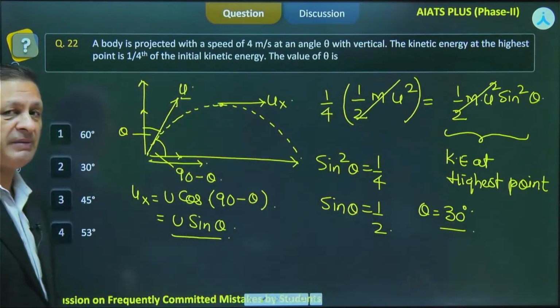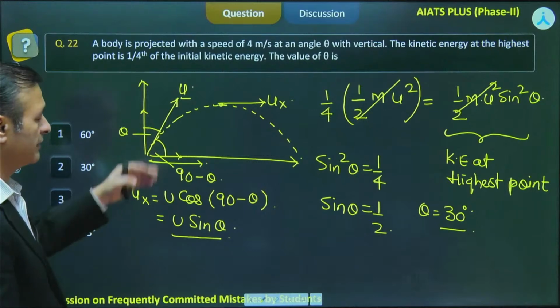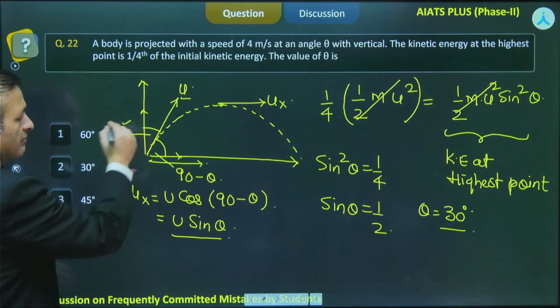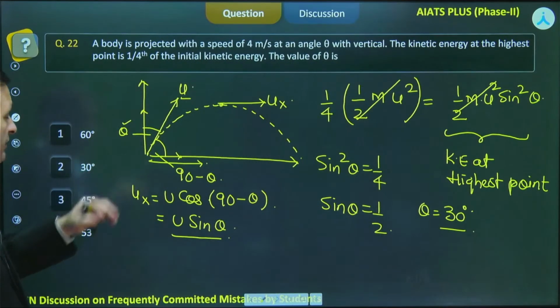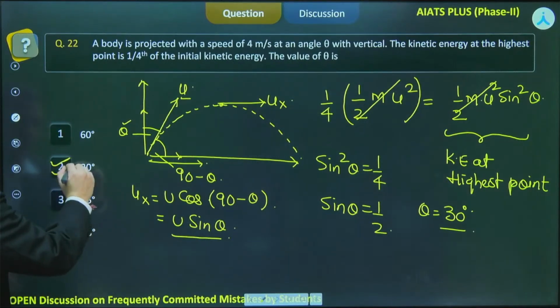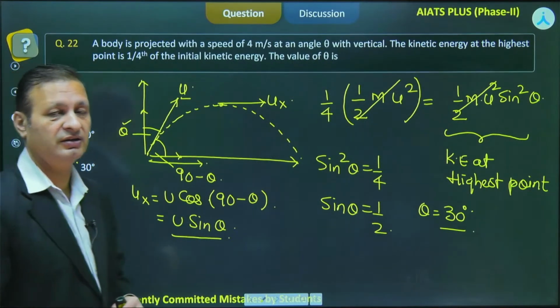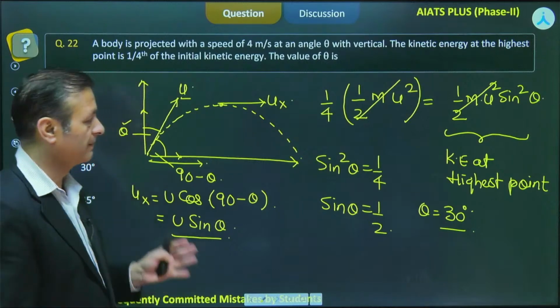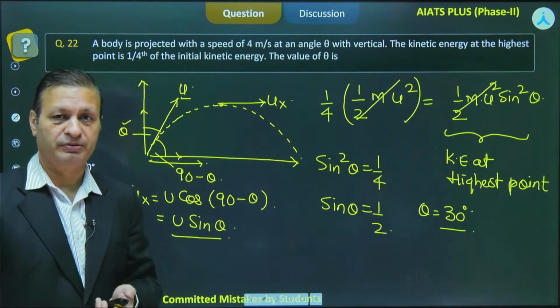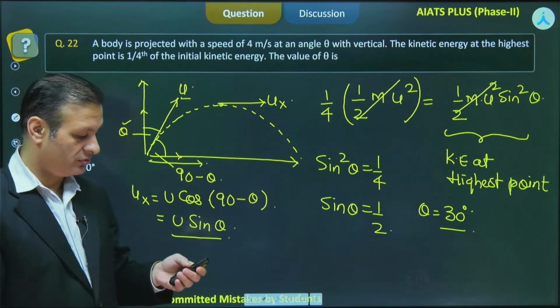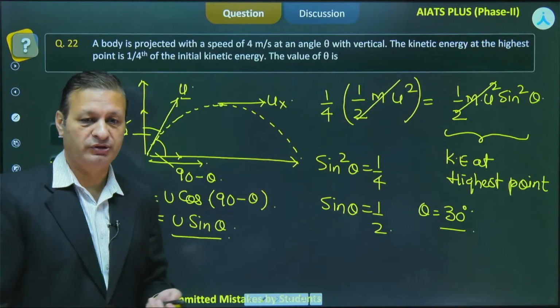So this is the same angle which is given to you with respect to vertical. So theta, with respect to vertical, comes out to be 30 degrees. Do we understand? I hope so. Shall we move? Any doubt?